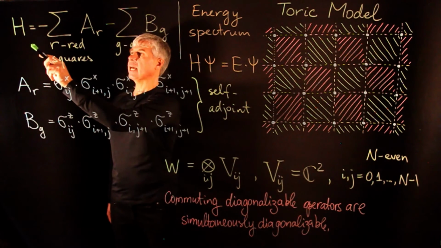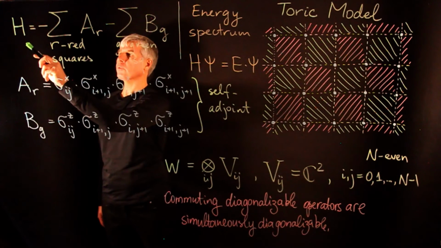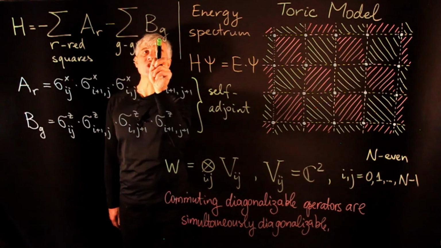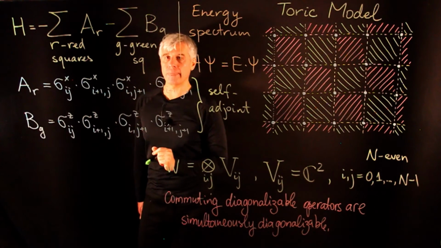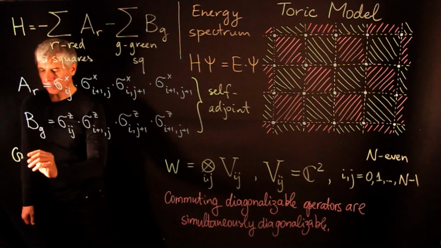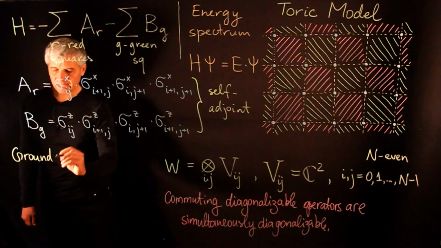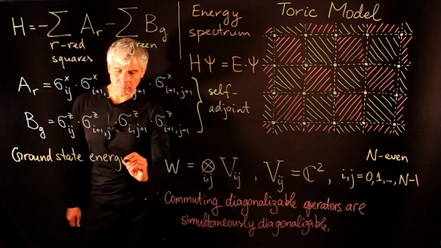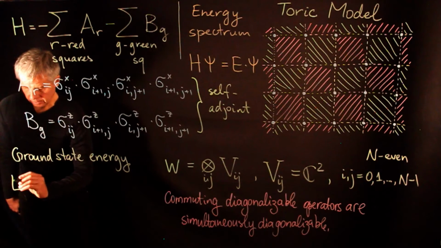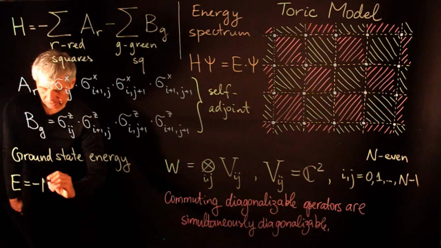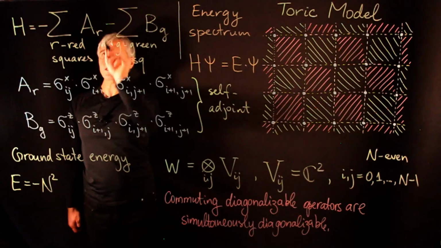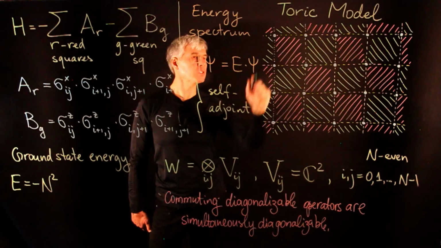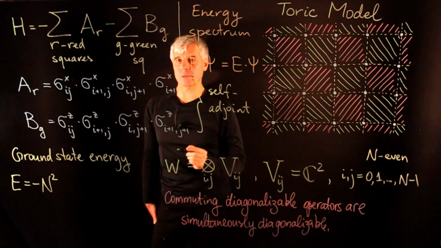It is clear that we get the lowest possible eigenvalue for the Hamiltonian H, where each of the operators AR and BG has eigenvalue of 1. In this case, we get that the ground state energy is E equal to minus n squared, since each square contributes -1 towards the eigenvalue, and on this torus we have n times n squares.